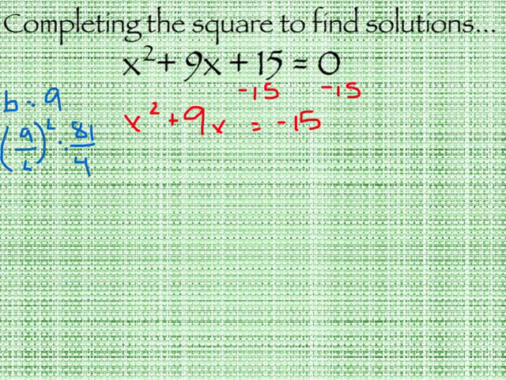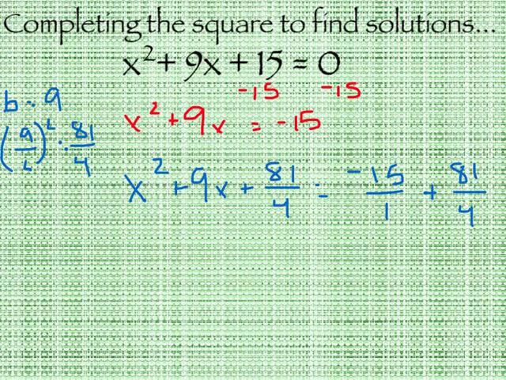So our equation now becomes x squared plus 9x plus 81 over 4 equals negative 15, which would be over 1, plus 81 over 4.